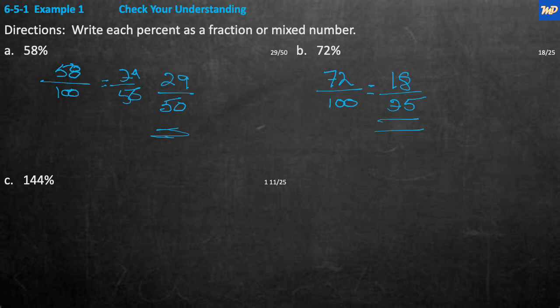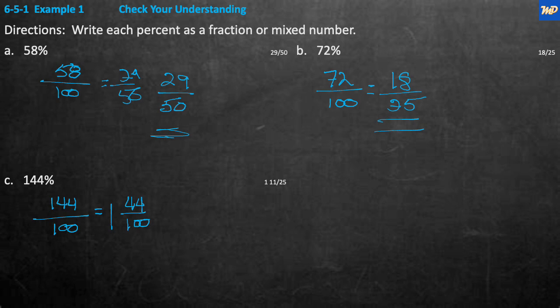Still no mixed numbers. This next one is 144%, so it's going to be greater than 1. We're going to write 144 divided by 100. That's the fraction right there. We could reduce this too, but let's do the conversion to a mixed number first. 100 goes into 144 once, so 1 and 44 over 100.